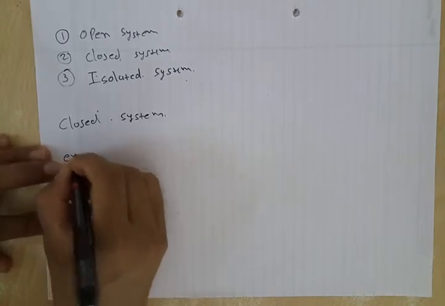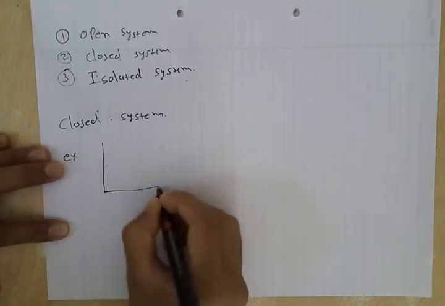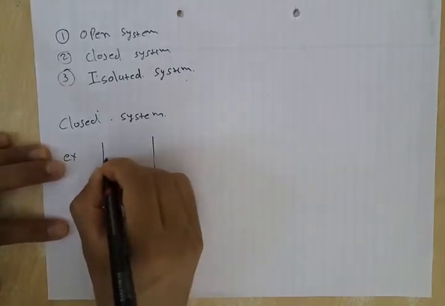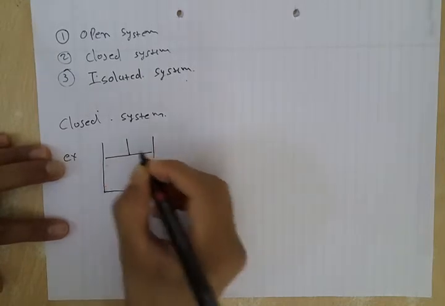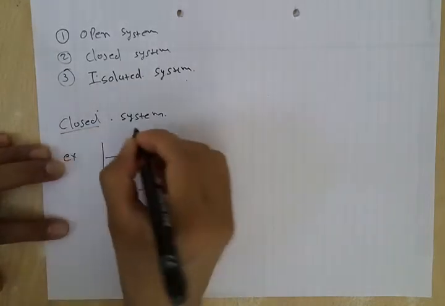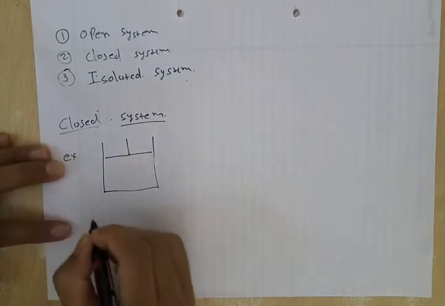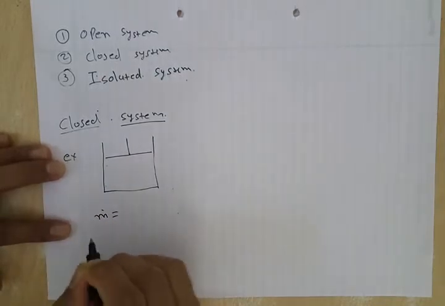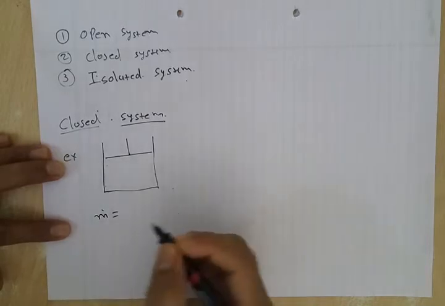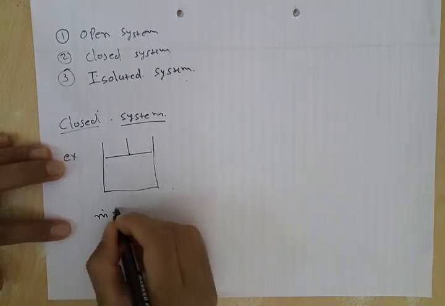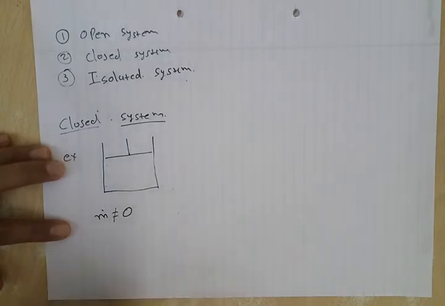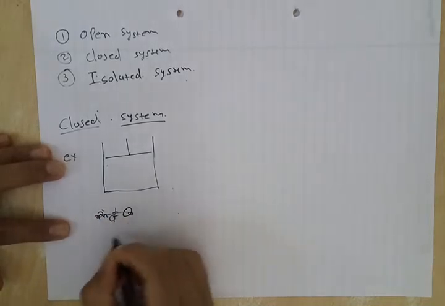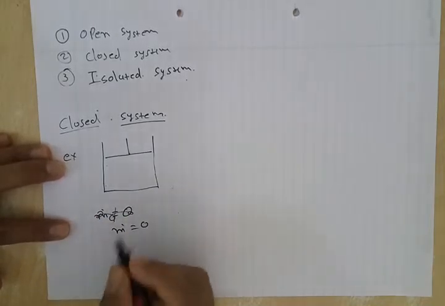So for example, this piston cylinder arrangement is a closed system, because in closed system mass transfer doesn't take place inside or outside the system. So mass transfer is zero between system and surrounding.